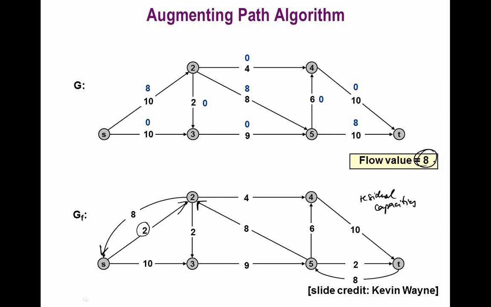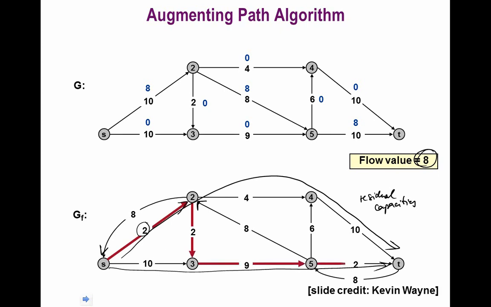Now I substitute the original graph with this residual graph, and I can search for any augmenting path. One augmenting path, for example, would be to take a direct direction here, or to take this path. Let's see which one Kevin Wayne took.